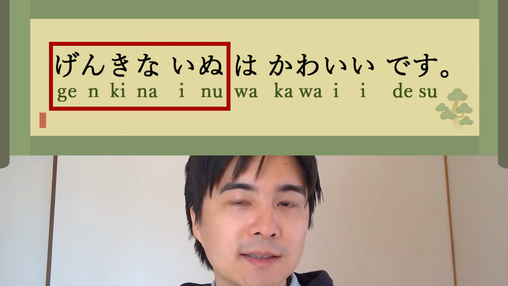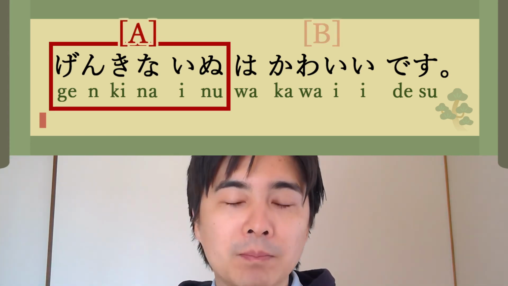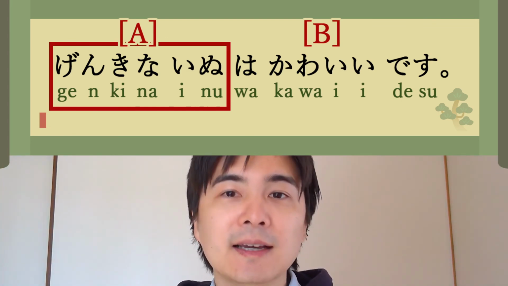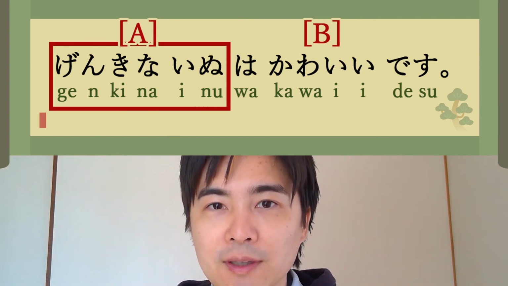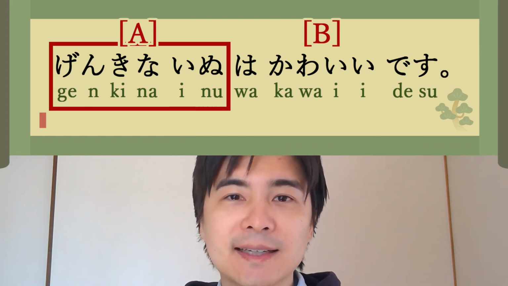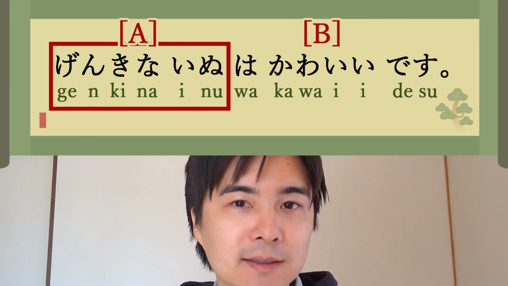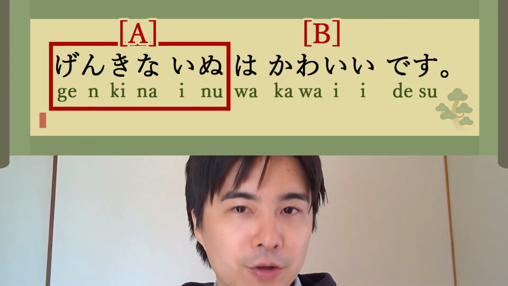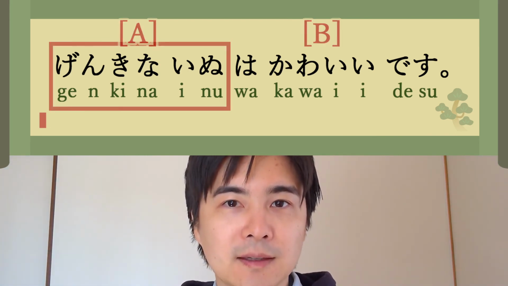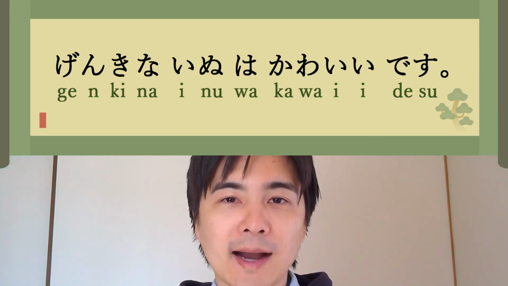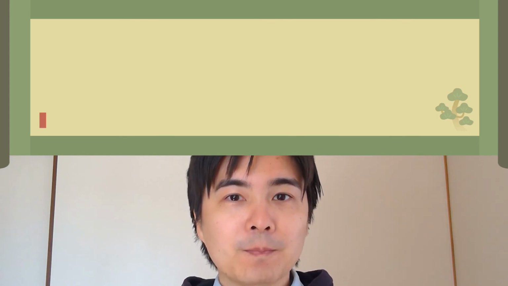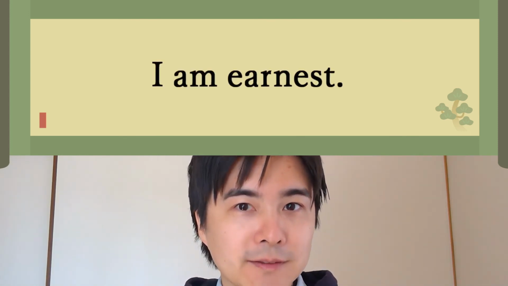This sentence follows the sentence structure A は B です。In this case, A is 元気な犬 and B is かわいい。So 元気な犬はかわいいです means energetic dogs are cute. 元気な犬はかわいいです。Question 7. I am earnest.